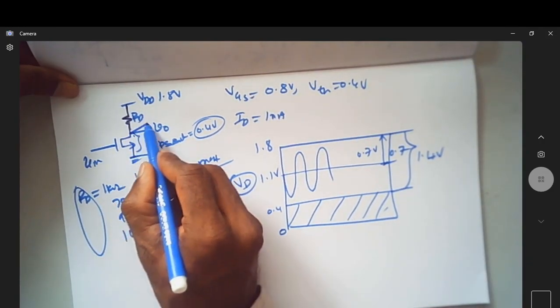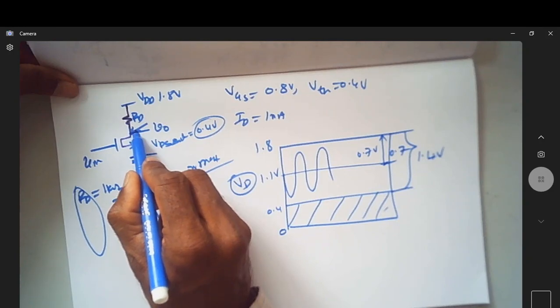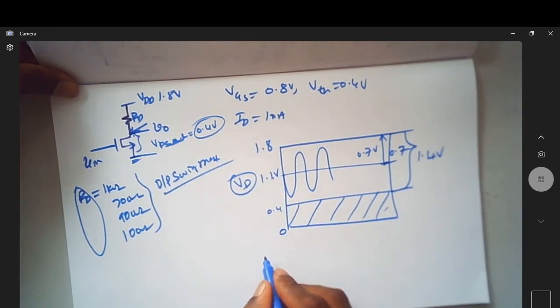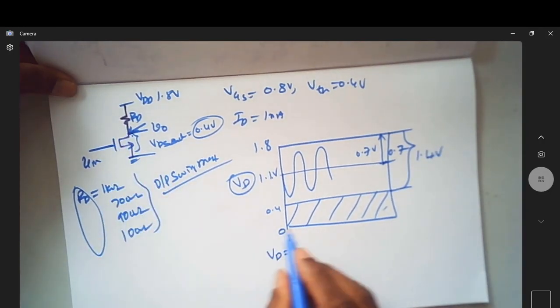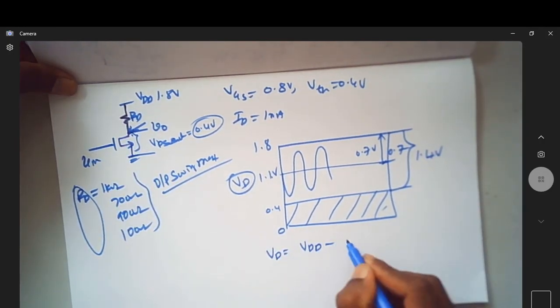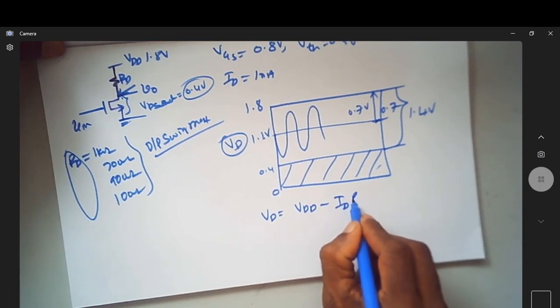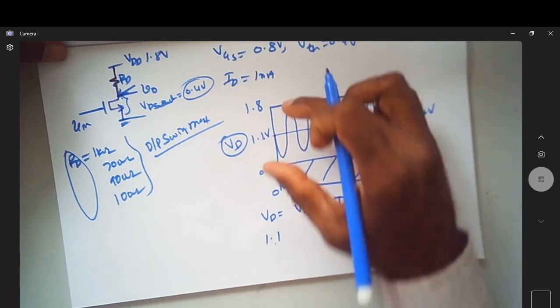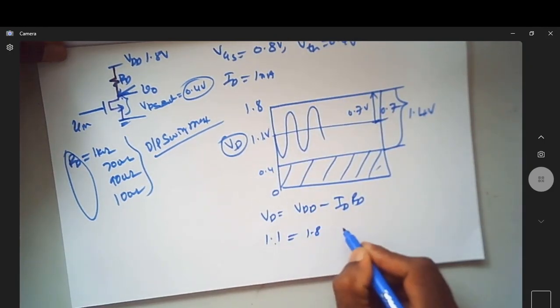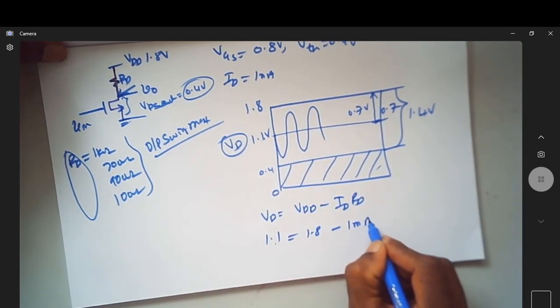So to have this at 1.1 volt, can I write the expression for VD now? VD, that is the voltage at drain, is nothing but VDD minus ID into RD. It is supposed to be at 1.1 so that I can have maximum swing, so 1.1 is equal to 1.8 minus ID into RD, where ID is assumed to be 1 milliampere.